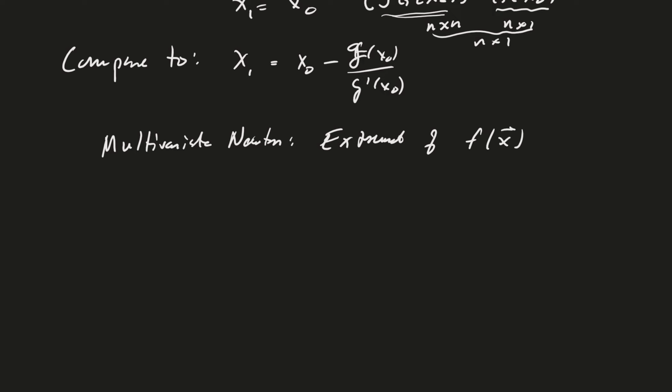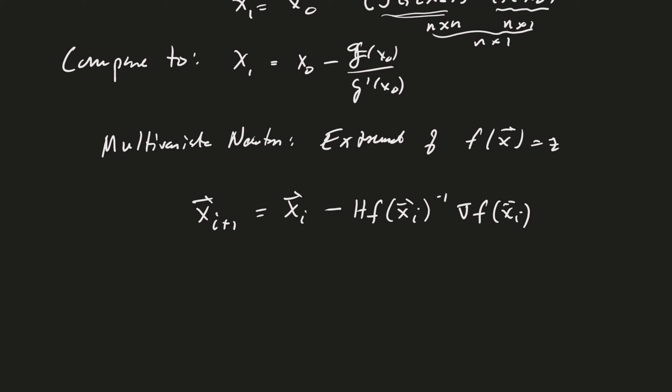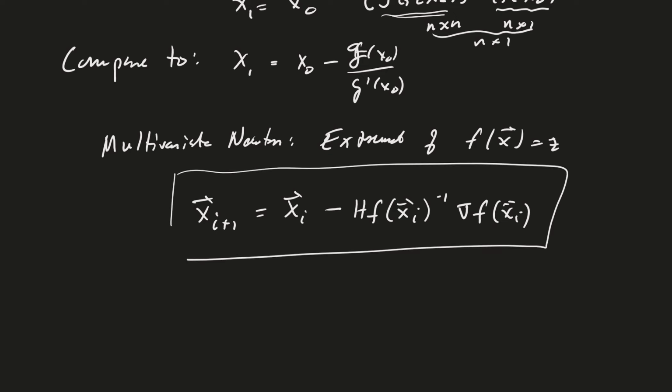That is a scalar valued function right now, right? The way to do that is to take x_{i+1} equals x_i minus, now this is going to be the Hessian of f at x_i inverse times our gradient of f at x_i. Good. And there is our formula for multivariate Newton.